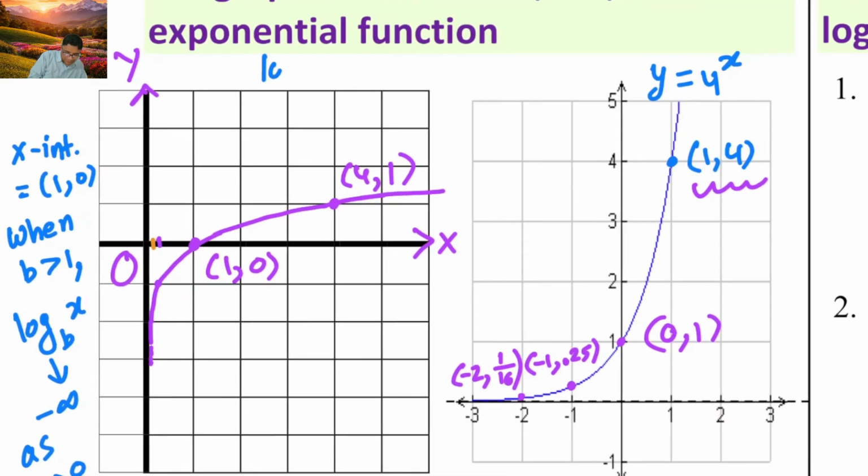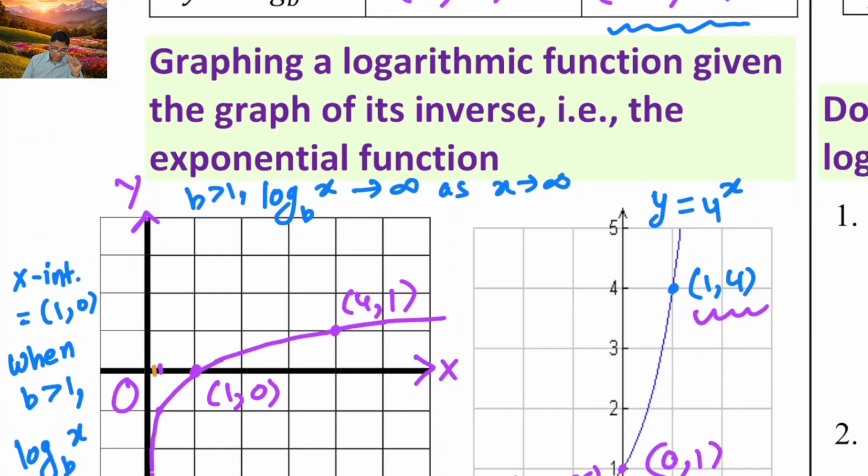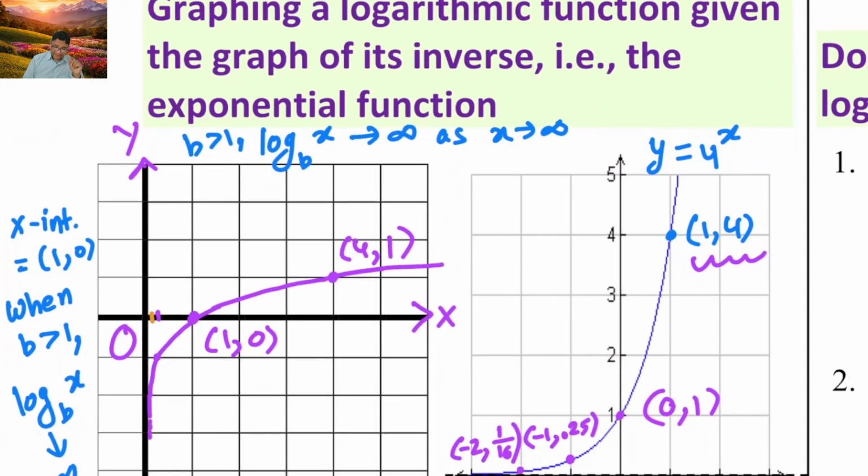Okay, log x will go to infinity as x goes to infinity, again when b is greater than 1. Okay, when the base is greater than 1. On the right side it goes to infinity, towards 0 it goes to negative infinity. That is why, remember, the range is negative infinity to infinity, we had said earlier. It looks like the graph is growing ever more slowly, but it will not become horizontal. It is not going to become asymptotic to a horizontal line. It is going to go very slowly, but eventually it will go to infinity.